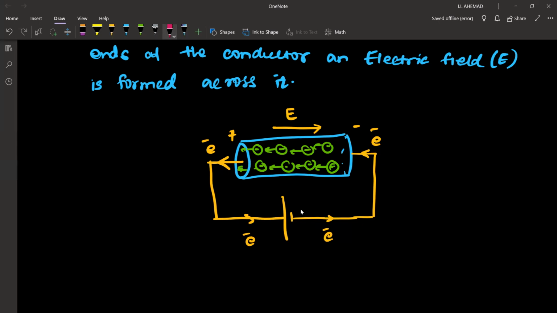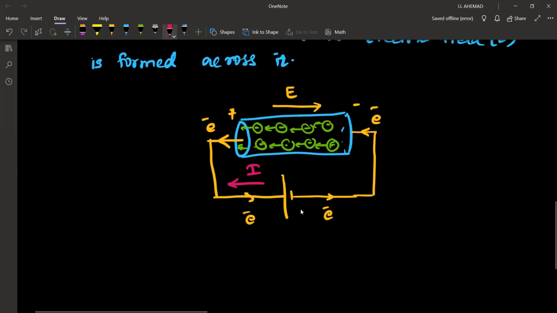The electric current is opposite to the flow of electrons. So this will be the direction of electric current, the conventional electric current. Okay, up to this, have you noted?